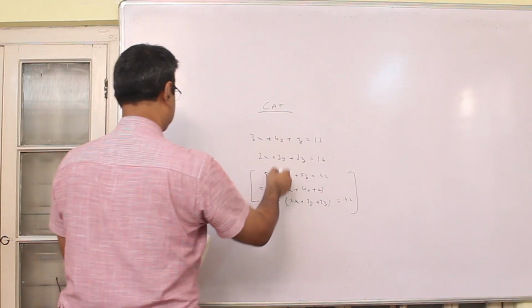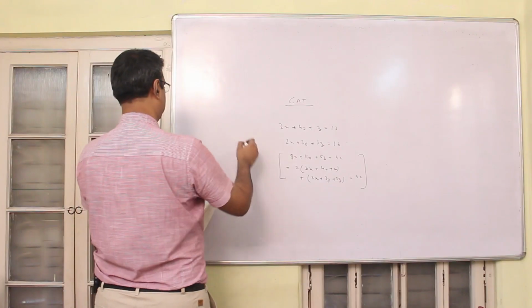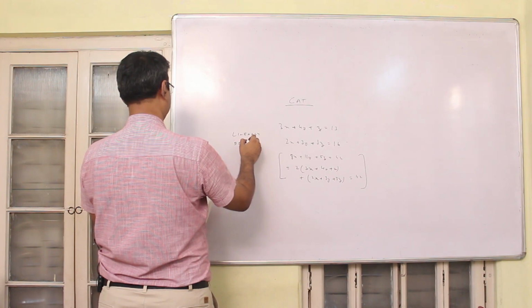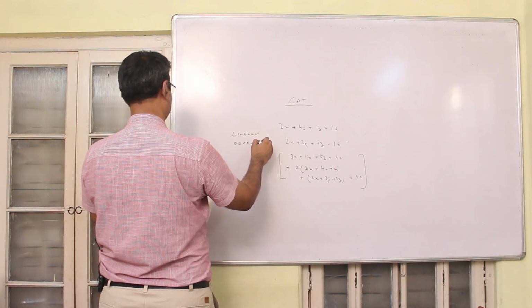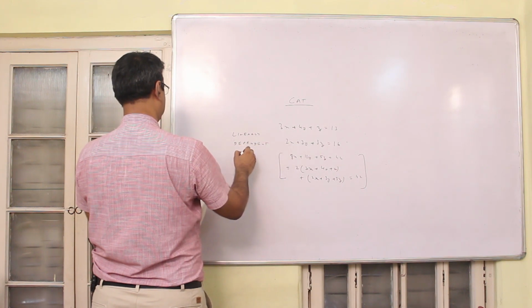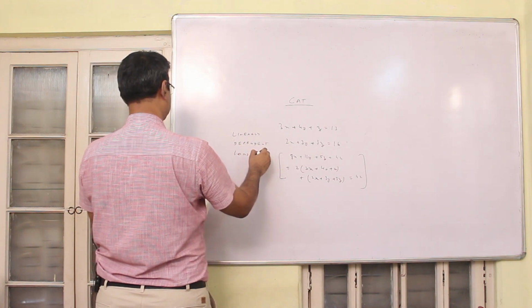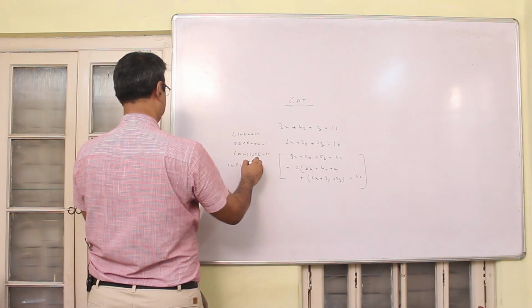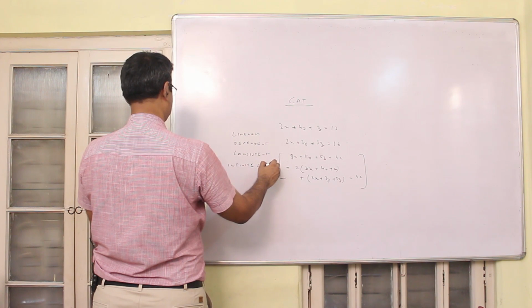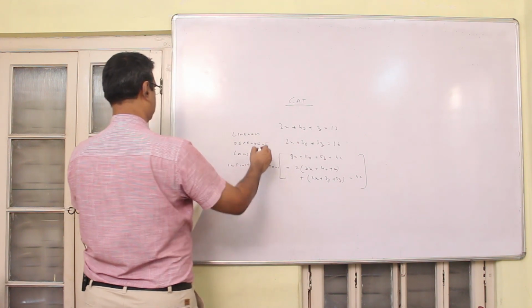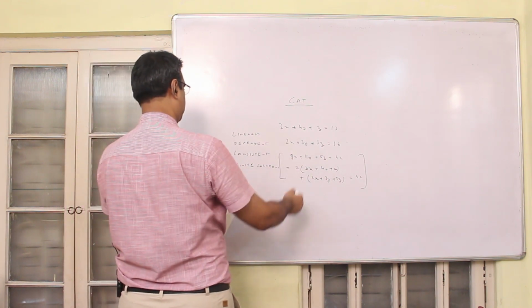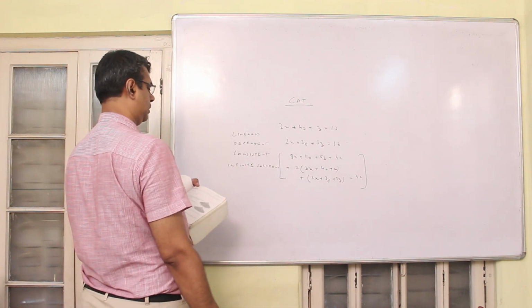So that means these three equations, they are called linearly dependent and we also call them as consistent. And as you can see that they will have infinite solutions. So when you have three linearly dependent equations, between them they are consistent but they will give infinite solutions.